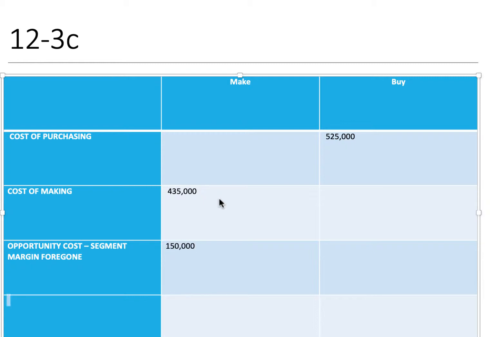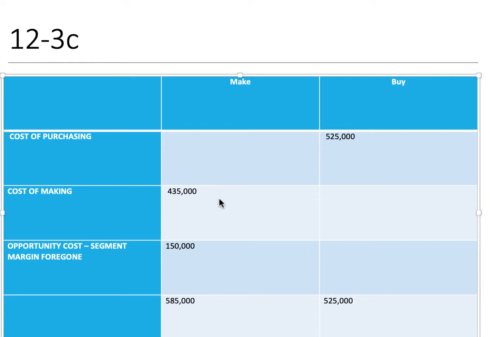So now, what is the cost for us to make it? Well, $435,000 of actual cost incurred, plus we're giving up $150,000. It's going to cost us $585,000 now. The cost to buy it is still $525,000.